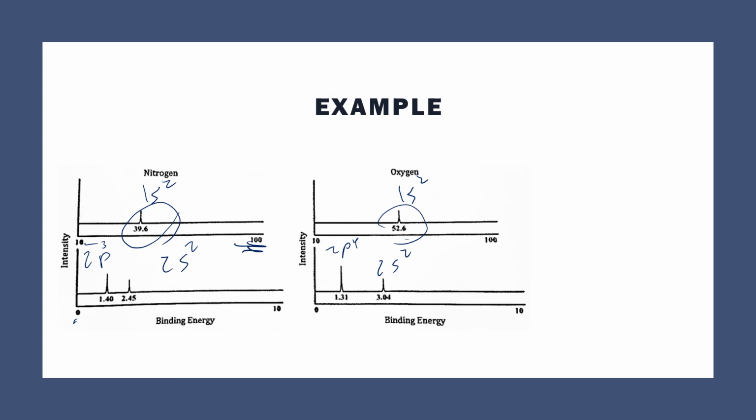If you're looking at the same electrons, then the only other thing you need to look at is protons. So nitrogen has 7 protons and oxygen has 8 protons. And it's those extra protons that are causing the 1s to have a greater binding energy. There's more protons, there's more pull, more attraction. It takes more energy to remove.